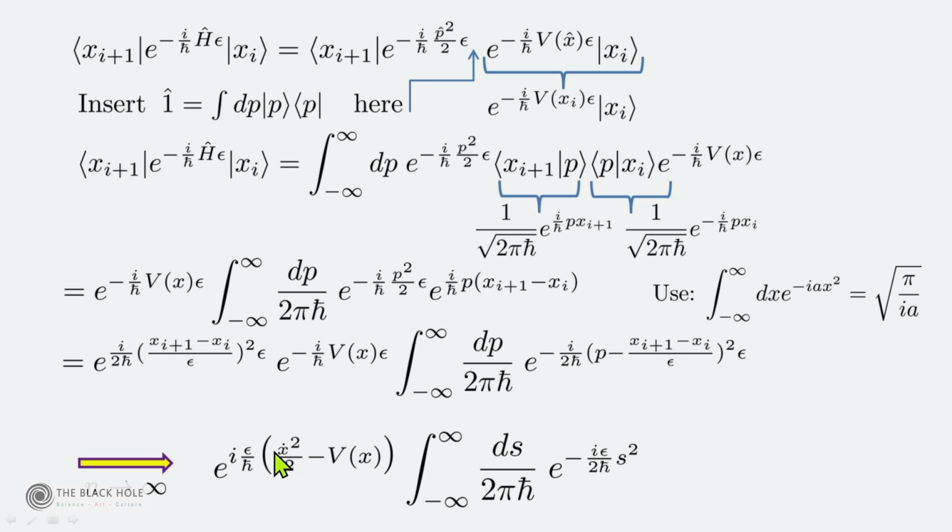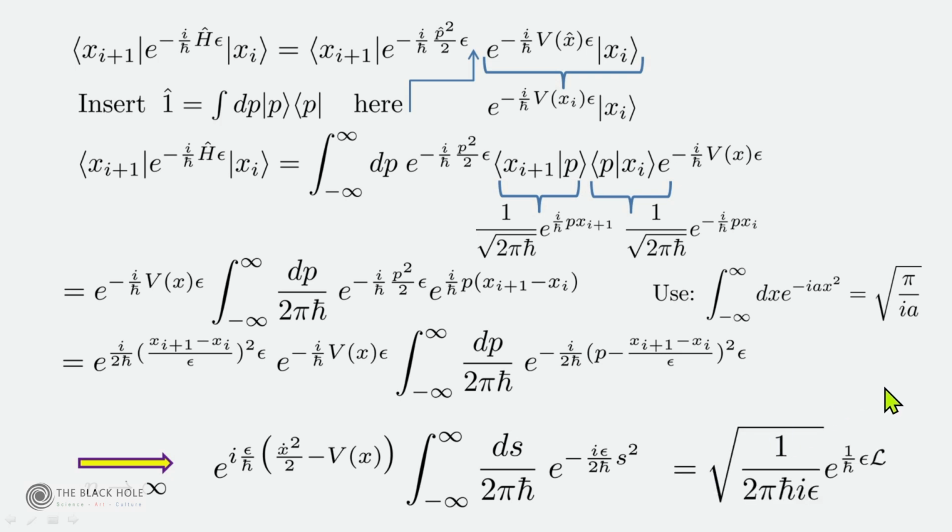By the way, if I had not put m equal to 1, there would have been an m over here. And so this would have been half m x dot squared, which is the kinetic energy. So this over here is the kinetic energy minus the potential energy, which everyone knows is the Lagrangian. And there's this integration. This is obviously this thing. I put s equal to p minus this.